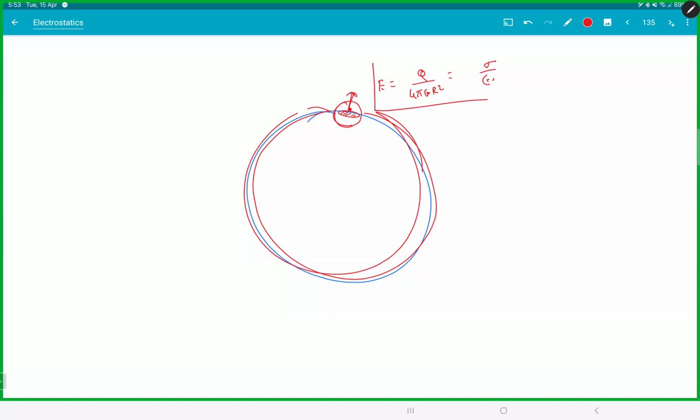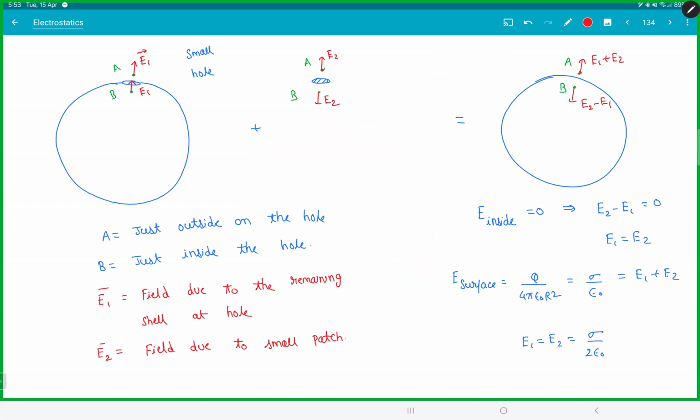But this field on the surface will give you the net electric field on the surface due to everyone on the surface. And we have proved this, and if you actually see, it is not a very small difference. It is half of it, isn't it? Meaning on the patch, the field due to the remaining shell is sigma by 2 epsilon, and the patch itself is generating another sigma by 2 epsilon.